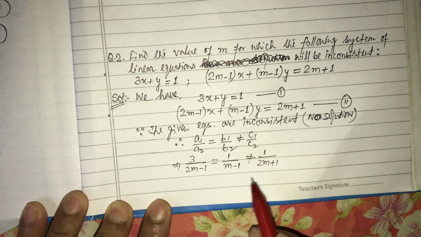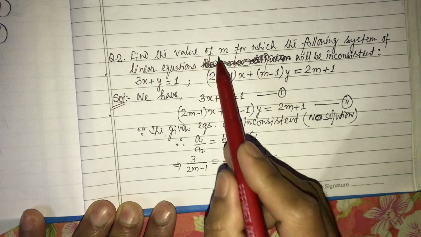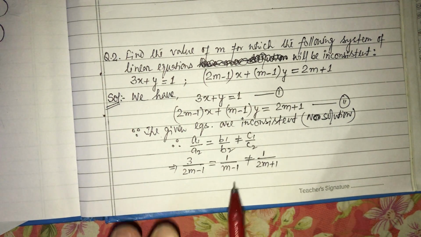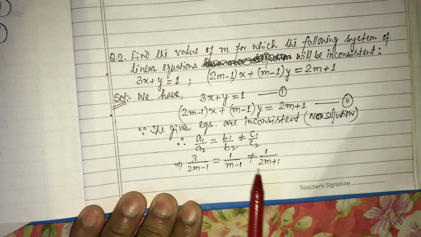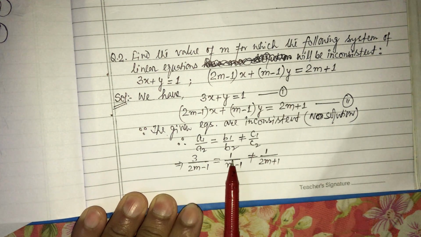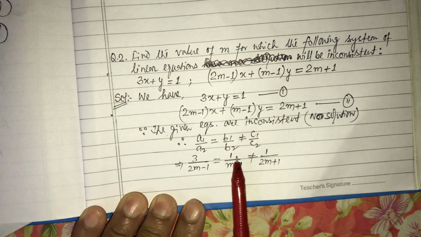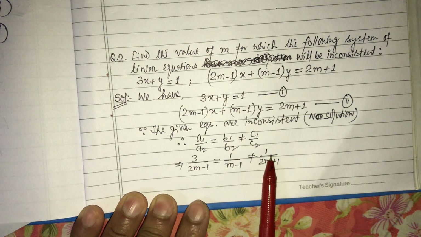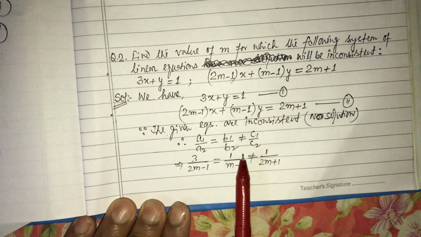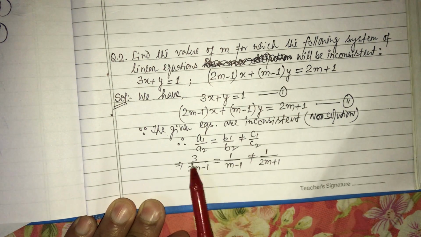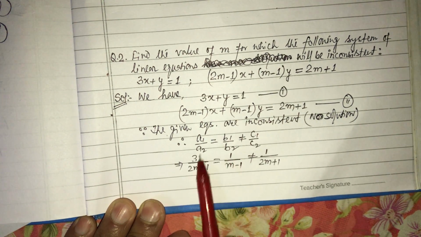Now we will solve to get the value of unknown m. So if you see here we get three relations. First relation is between these two, the second relation is between these two, and third is between this and this. So we don't need to go for all those things, simply we'll pick up the first two relations and from there we'll try to find out the value.